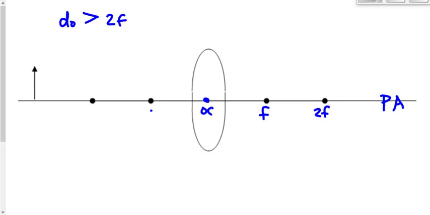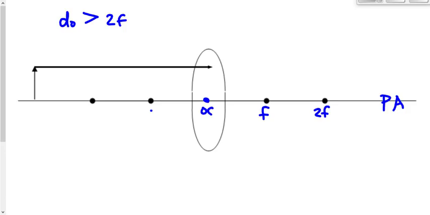The first ray that we're going to draw is going to reflect off of the top of this object. Let's say this object is an old guy with a shiny bald head. Light is reflecting off of the top of this shiny bald head, and it's going parallel to the principal axis. Why did I draw it parallel to the principal axis? Well, there are rays of light going this way, and this way, and this way, but I don't care about those because I only need two to determine what the image looks like, and the two that I'm about to draw are easy and predictable.